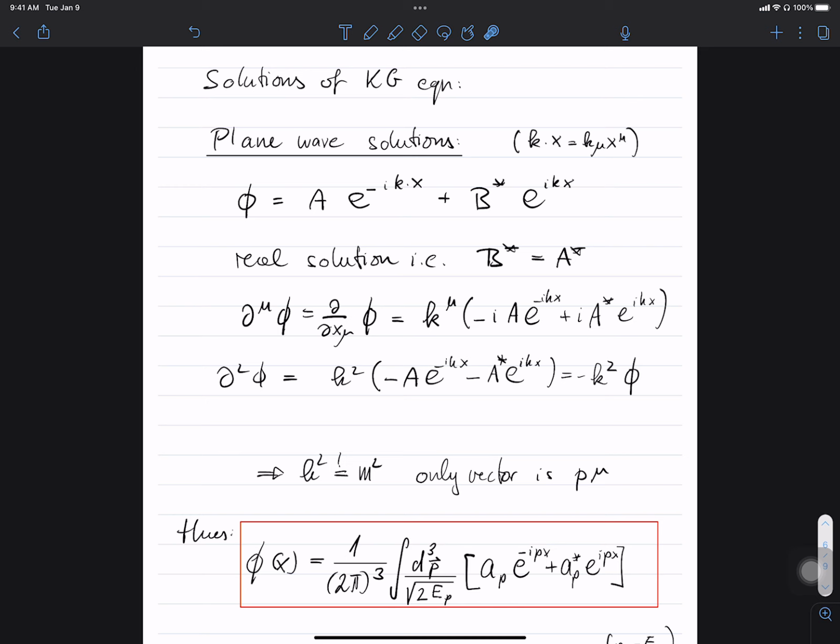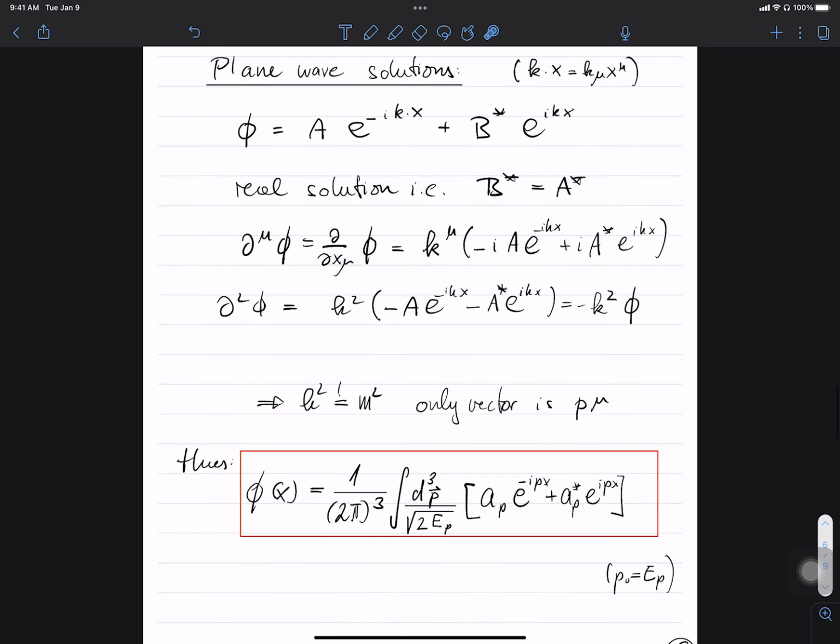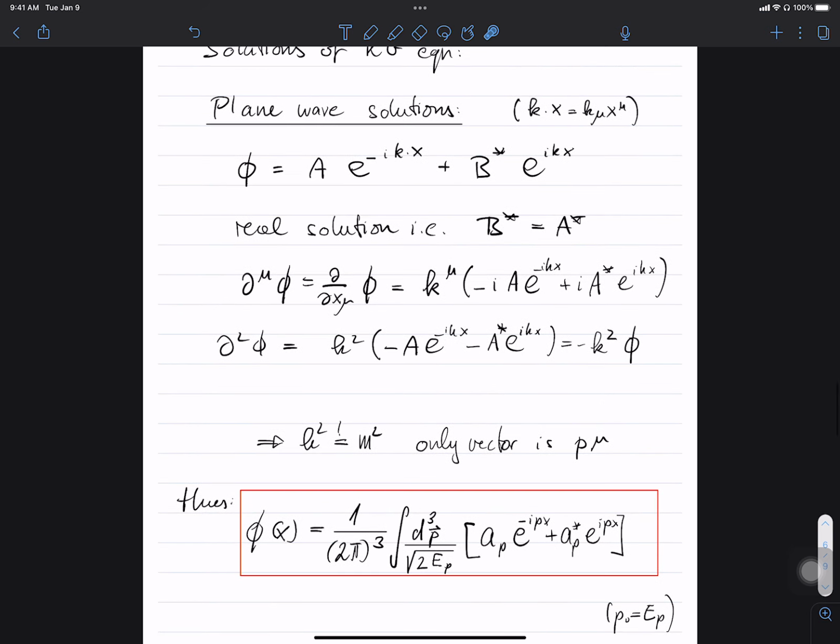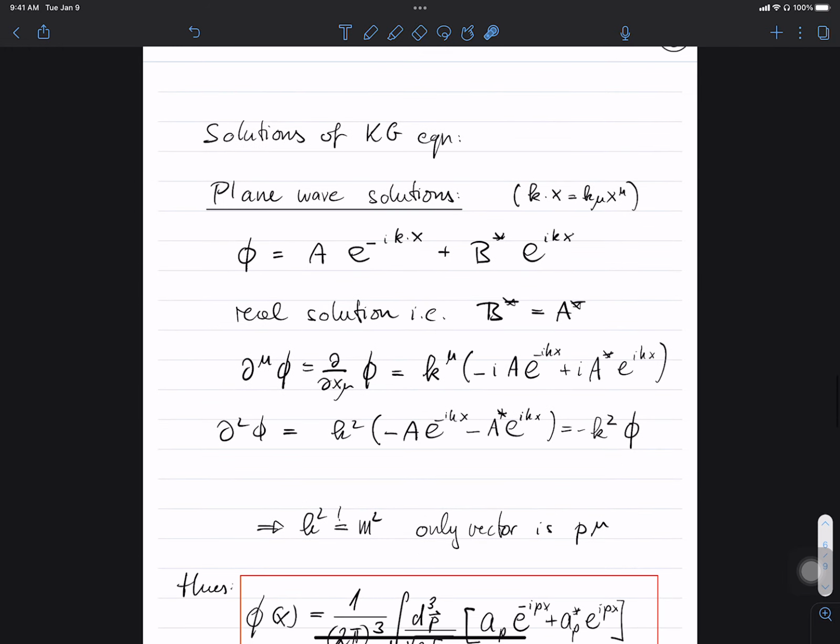And now we can just check explicitly what's happening. Take the derivative of phi and get one power of k down here, also with the appropriate i's. The second derivative of phi gives us a second k down here. They multiply into this k squared, and we see that combining this just gives us minus k squared phi. That is good news.